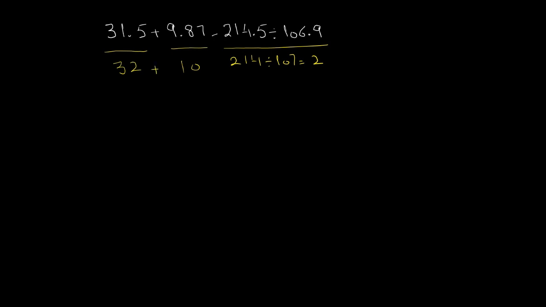So now I have a very simple calculation which says 32 plus 10, and there's a minus sign here, I made a mistake. So here's a minus sign, minus 2, right? Because when you approximate this, you get an answer which is equal to 2. So you get an answer which is just equal to 42 minus 2, which is equal to 40.